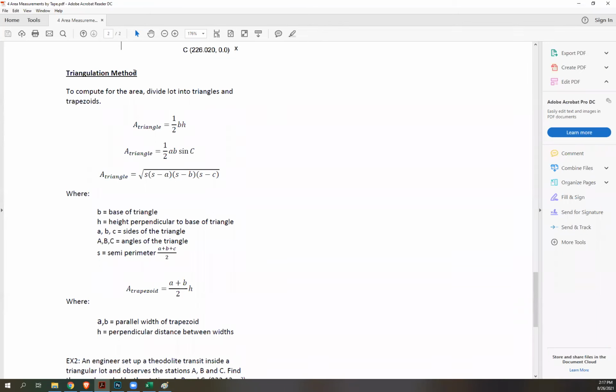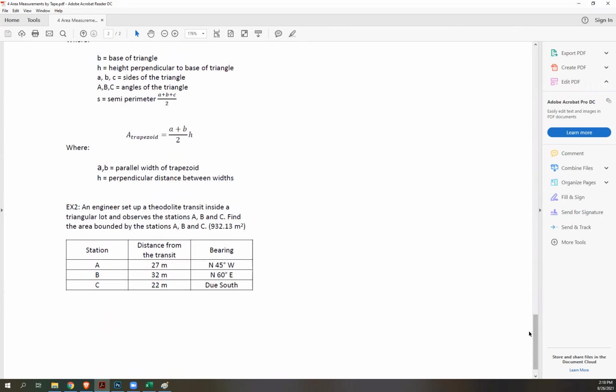But area is square root of S times S minus A times S minus B times S minus C, where S is the semi-perimeter. Again, b is the base of the triangle, h is the height perpendicular to the base, a, b, c are sides, capital A, B, C are angles, S is semi-perimeter, which is equal to the sum of the sides over 2. And you already know the area of a trapezoid.